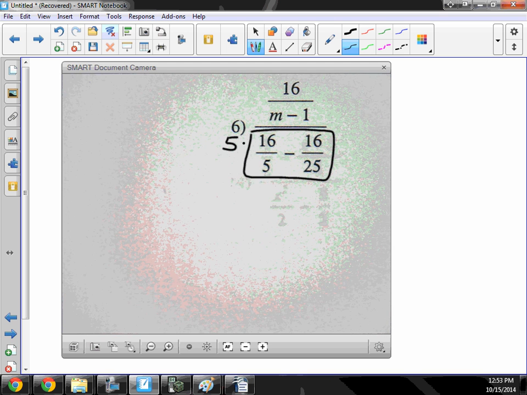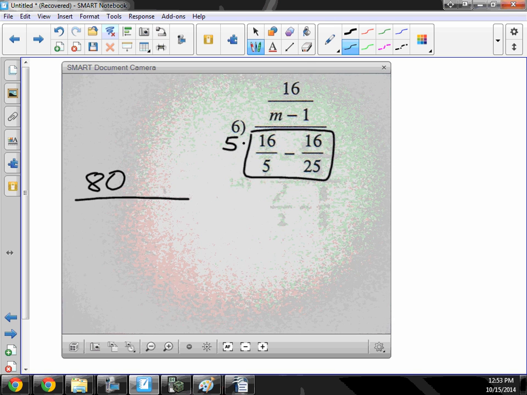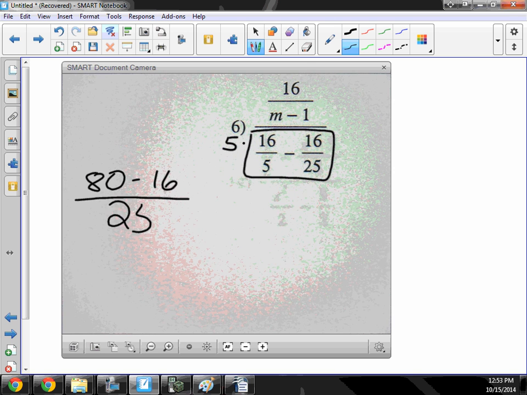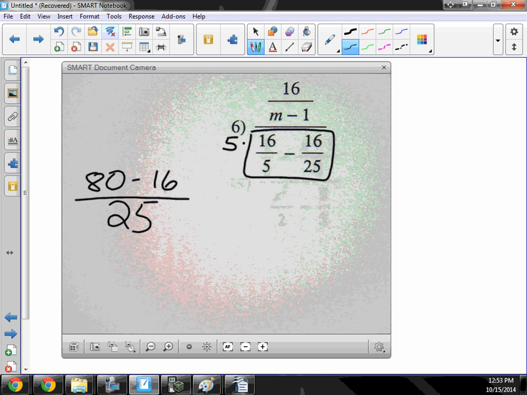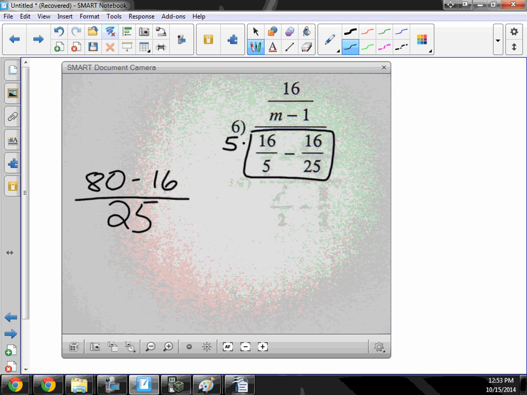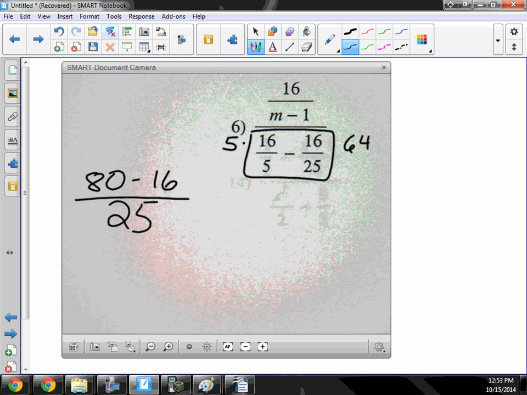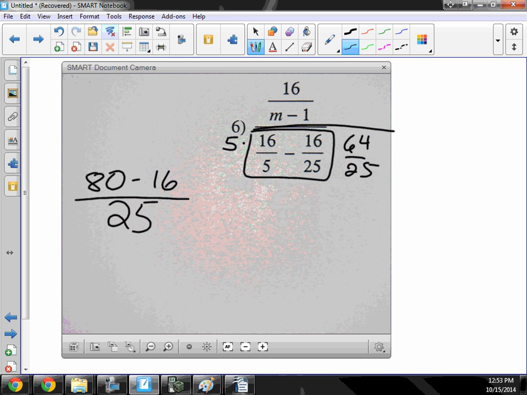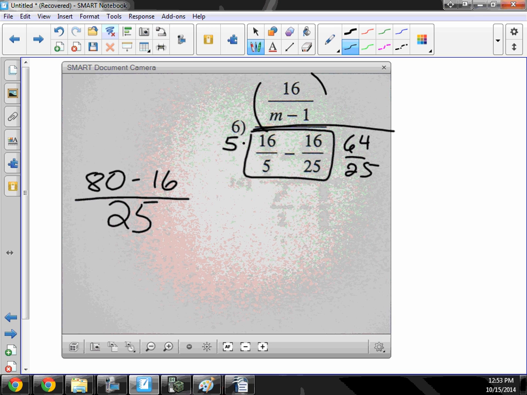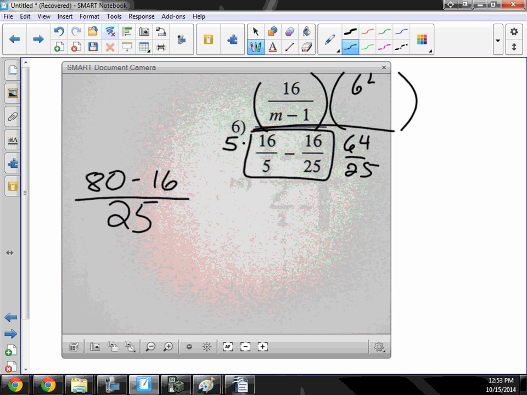So 5 times 16 is 80 minus 16 over 25. Everybody okay with that? 80 minus 16 is 64. So the bottom is 64 over 25. Now what? Reciprocate and multiply 25 over 64.